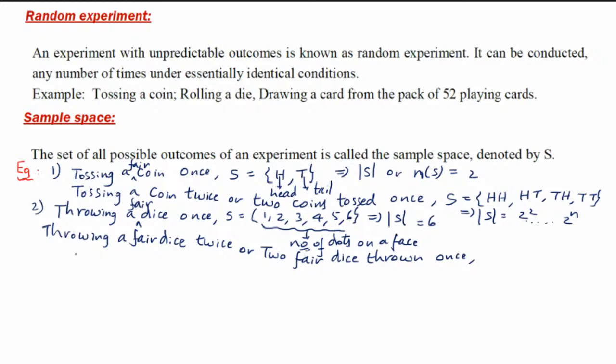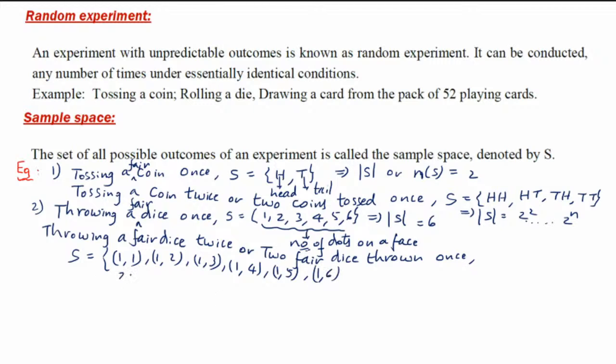Both have the same meaning. S is equal to 1, 1. That is, first die 1 dot, second die is also 1 dot. 1 comma 2: first die gives 1, second die gives 2. Like that 1, 3, 1, 4, 1, 5, and maximum up to 1, 6.